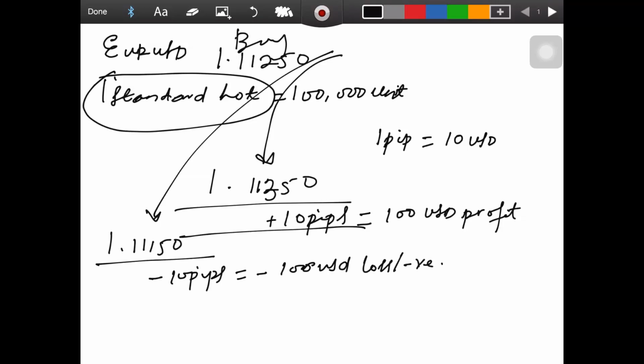Okay, so this is a typical example of how you calculate your lot size, and then you calculate your profit or your loss.